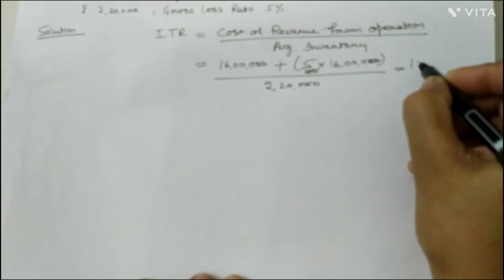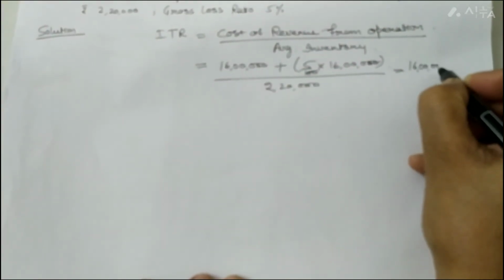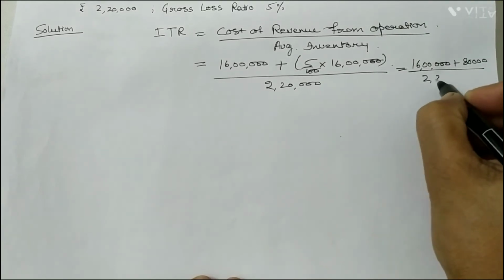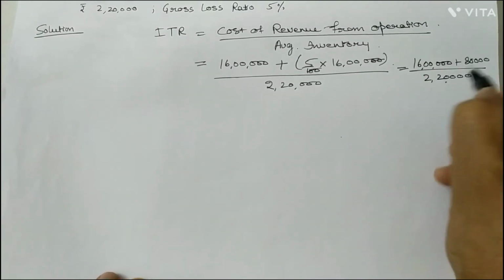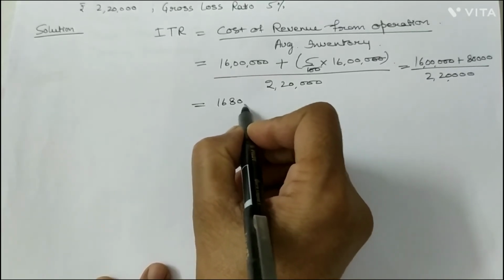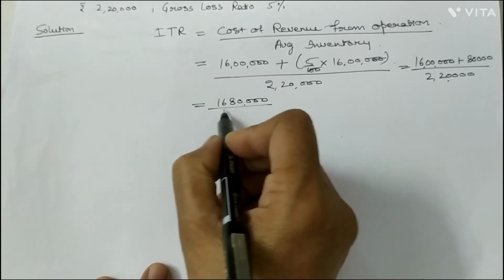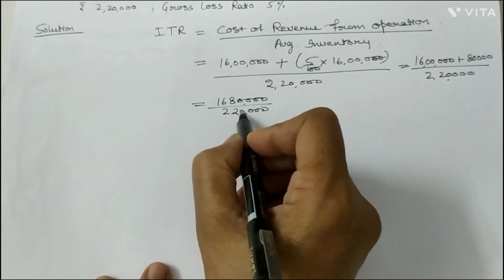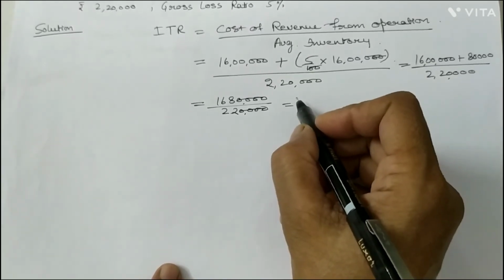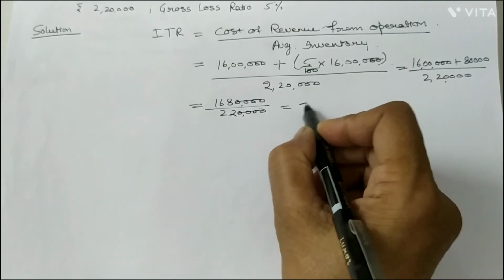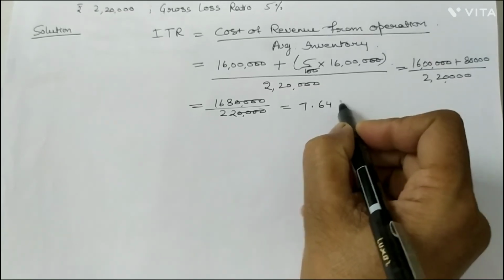This is equal to 16 lakh plus 80,000 divided by 2 lakh 20,000, is equal to 16 lakh 80,000 divided by 2 lakh 20,000, which is 7.64 times.